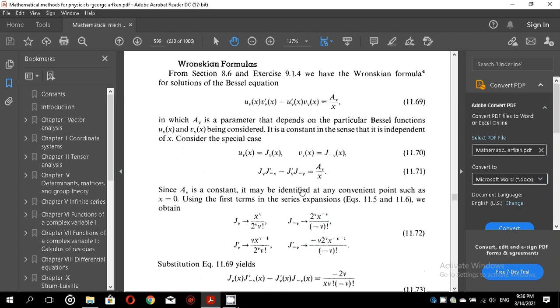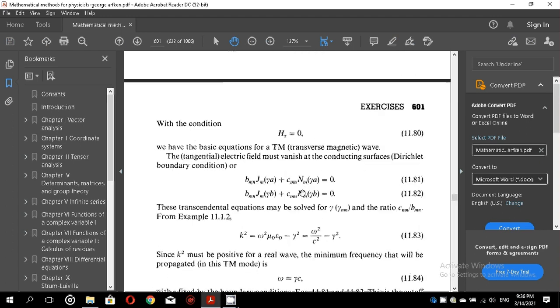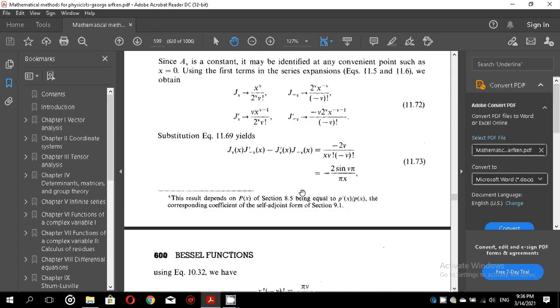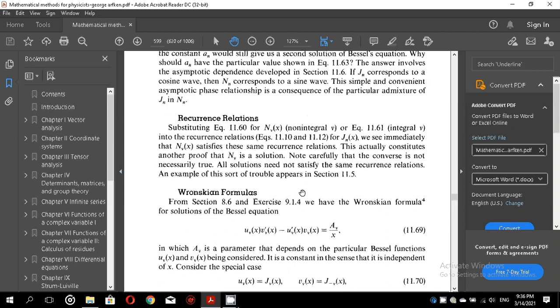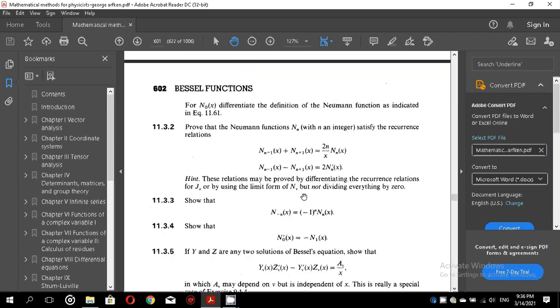And let me show you. I would suggest that you must consult my notes to prove that the Newman function, or the Bessel's function of the second kind, satisfies the Bessel's differential equation.